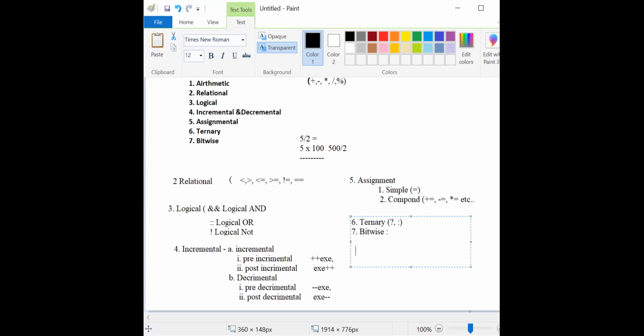Why am I saying this type of functionality? For example, see here, take one car. For driving, if you want to go to the front side, at that time you have to use the clutch, the same brake, same steering, same accelerator.